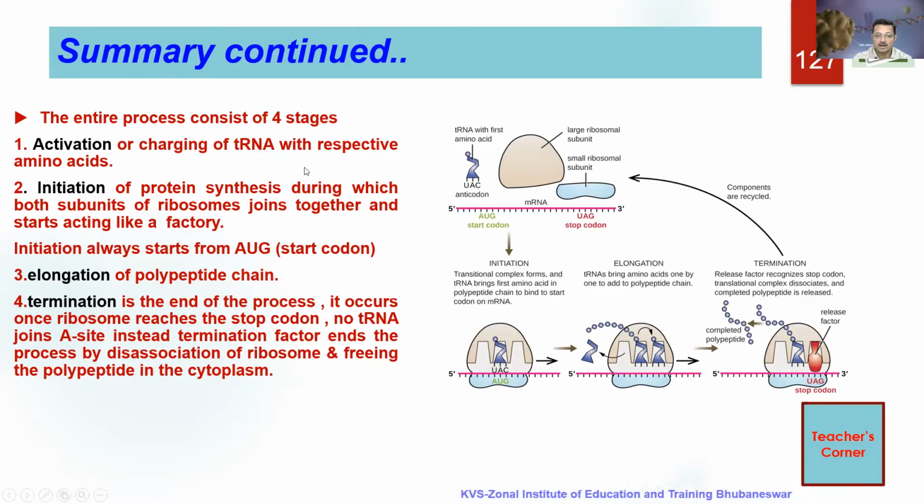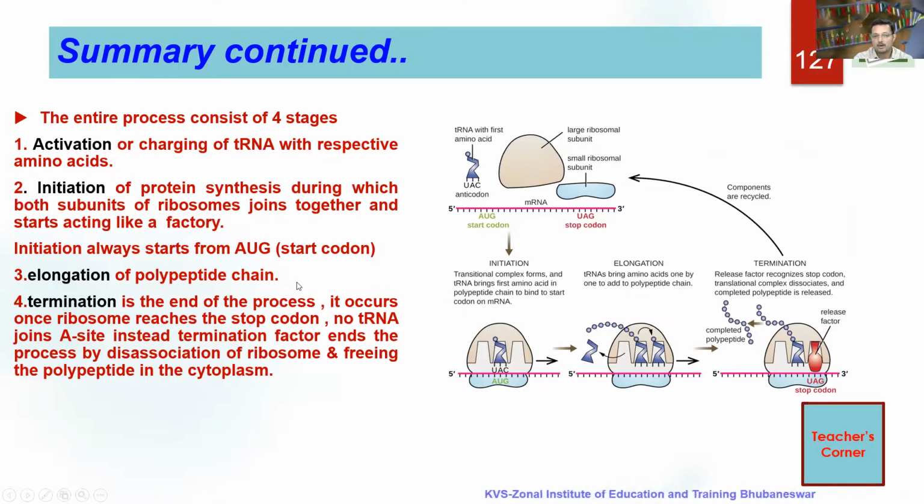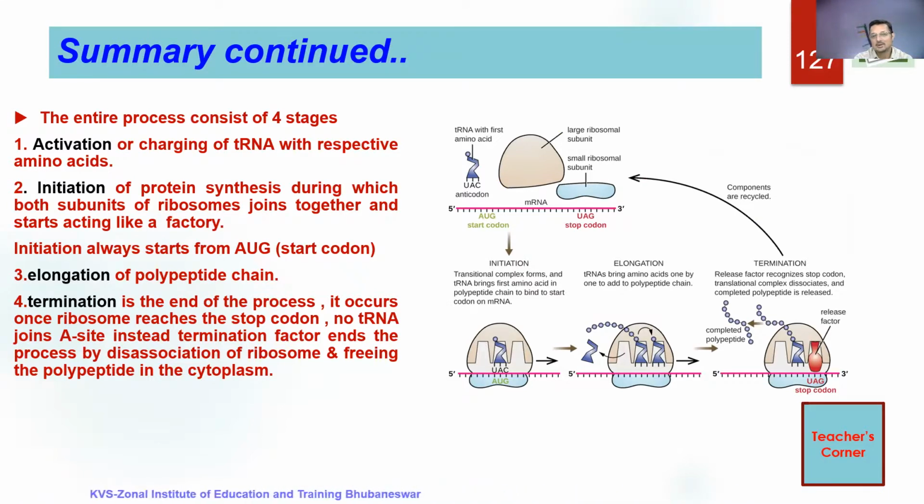Activation is charging of transfer RNA. Initiation of protein synthesis is when both subunits are joined together and start acting like a factory, with the initiator codon being AUG. Elongation of the polypeptide chain is where more amino acids are brought in and joined, and termination is when the whole system reaches the stop codon. There is no anticodon in transfer RNA corresponding to the nonsense codon, hence the process stops.